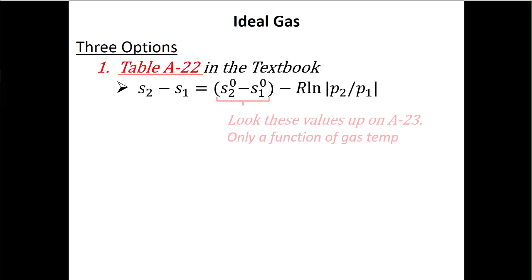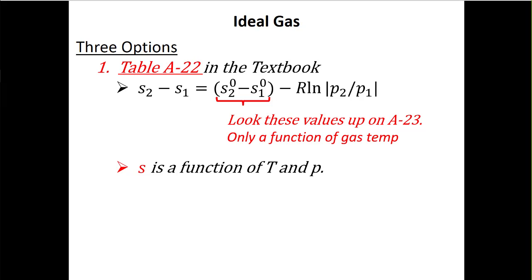So that's if we're doing a variable specific heat analysis, and we can only look up on table A22 or table A23, depending on what the gas is. You can only get the s superscript 0 terms. So I think sometimes on tests, when people are going quickly, they will think that delta S is equal to delta s superscript 0, and that's not going to be the case unless your pressures are equal.